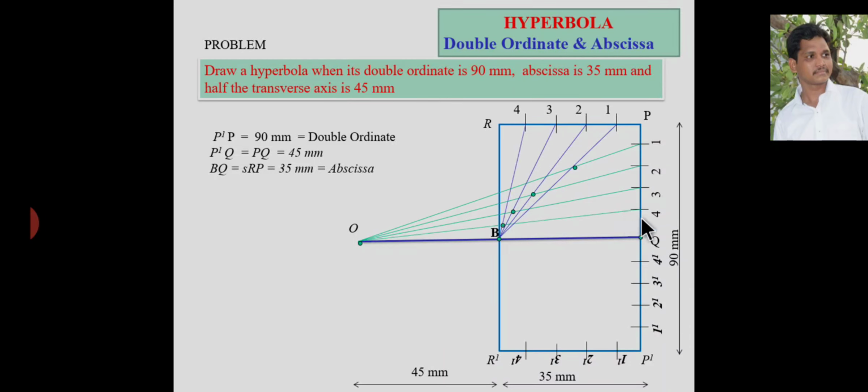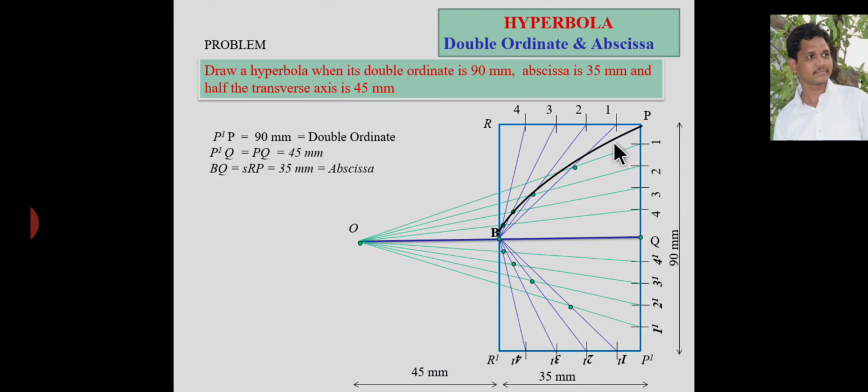Similarly 4 to O, 4 to B, 4 dash O, 4 dash B, 3 dash O, 3 dash B, 2 dash O, 2 dash B, 1 dash O, 1 dash B. Mark all the corresponding intersecting points like this.